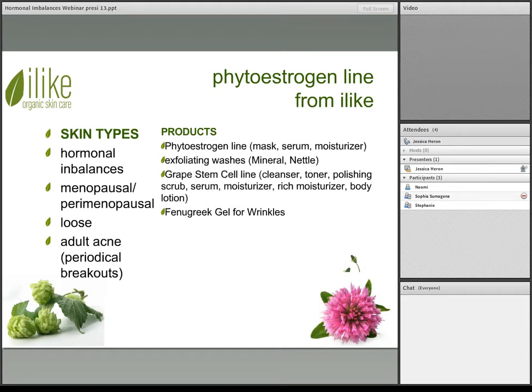We have an eye product called fenugreek gel for wrinkles. And the fenugreek, of course, is a fatty oil. It's also combined with potato. And potato is a wonderful plumping ingredient. And you'll get a really nice tightening and elasticizing effect. This is a liposome gel molecule eye cream that comes in a tube for retail, and it comes in a pump for back bar.